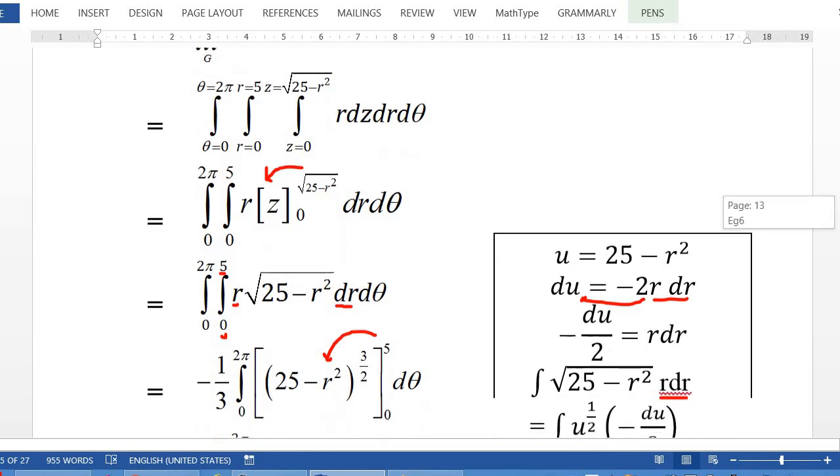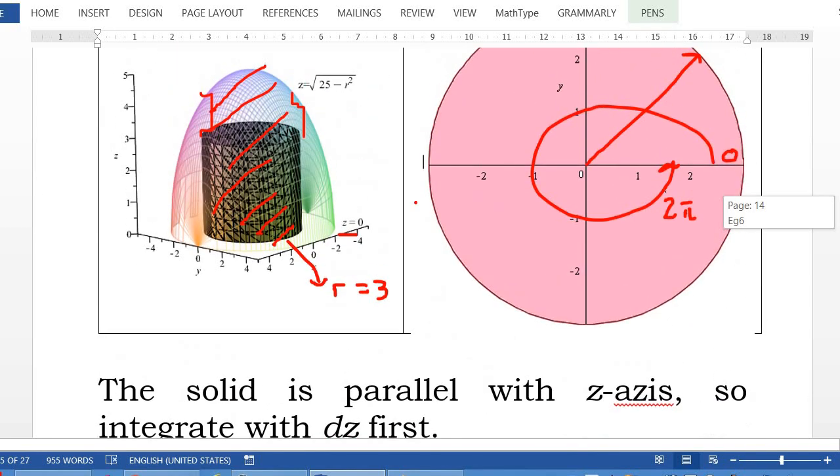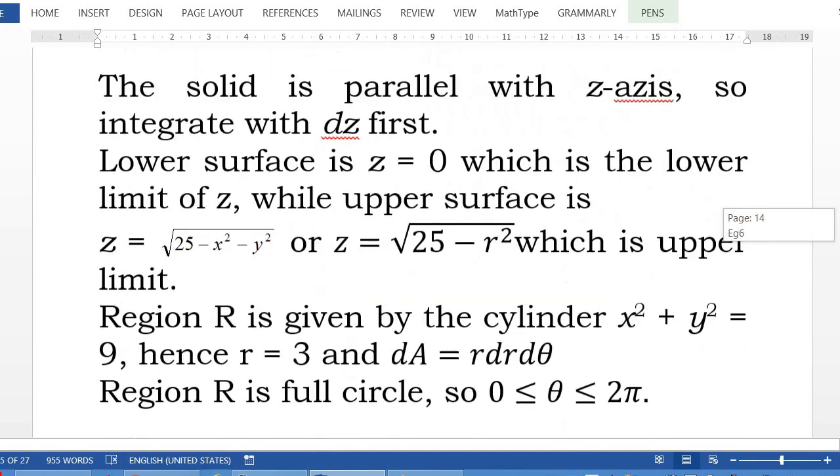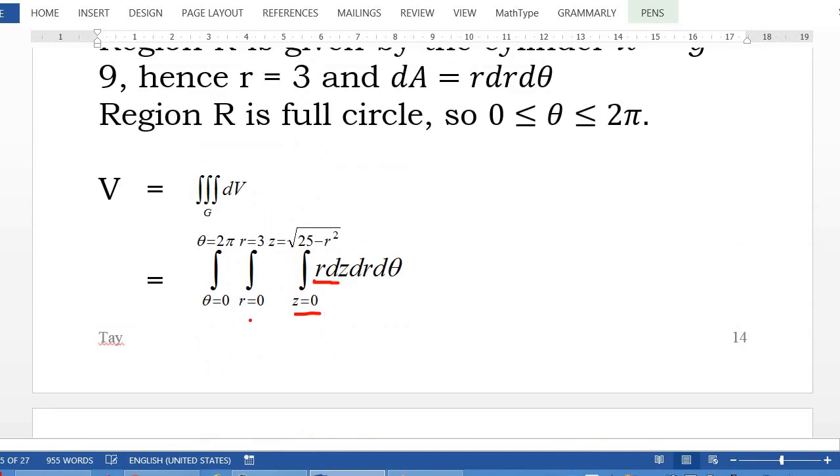But for a solid with side by cylinder and top by the same hemisphere, the difference is actually that r is 0 to 3. If just now was the volume of a hemisphere, z equals square root of 25 minus r squared, the limit for z is the same, the limit for r is 0 to 5, and theta is the same, because the projection is a full circle.